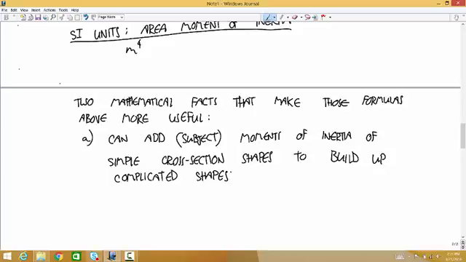The trick is, just like with mass moments of inertia, you have to remember that for the simple shapes you've broken it up into, you have to calculate their area moment of inertia about the neutral axis of the entire complicated shape. Okay?